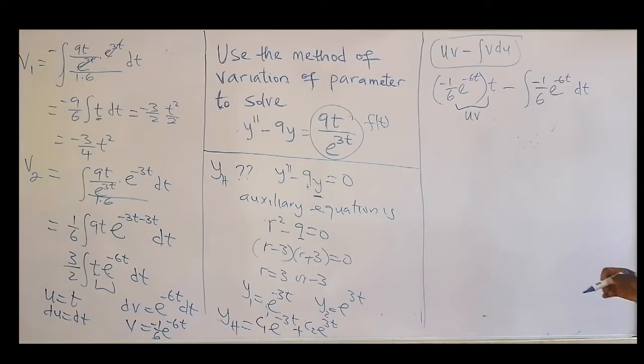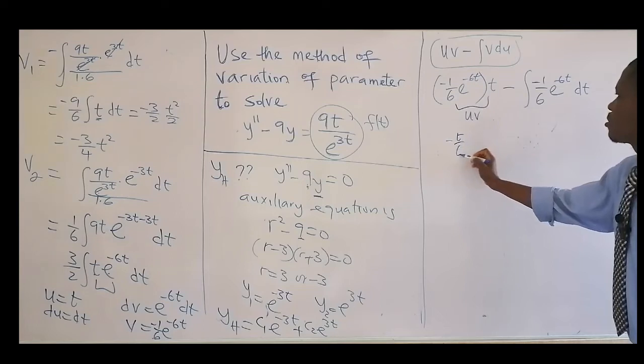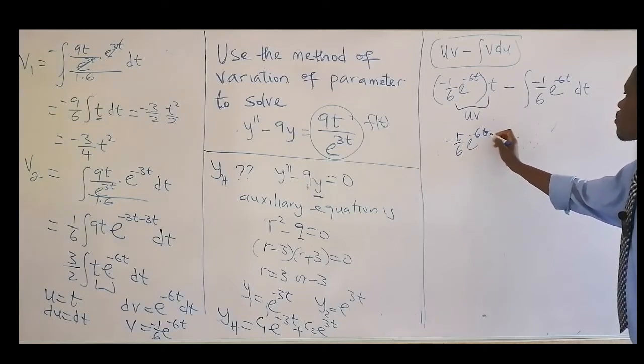Okay, and that will be equal to minus t over 6 e^{-6t}.